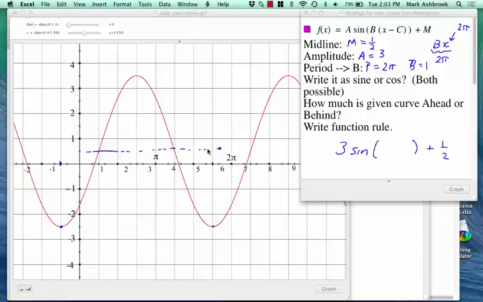Okay. b would still be 1 for the period, and I put x minus 1. But we're on a pi scale, so really these integers, x minus pi over... why x minus pi over 4?